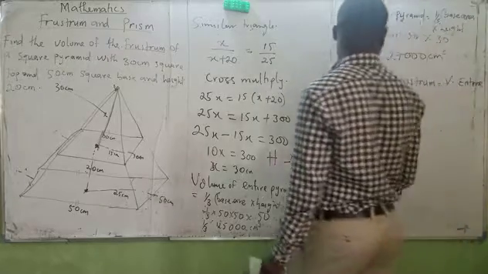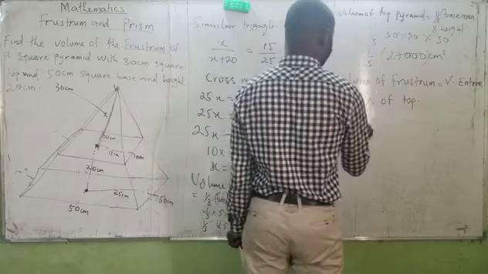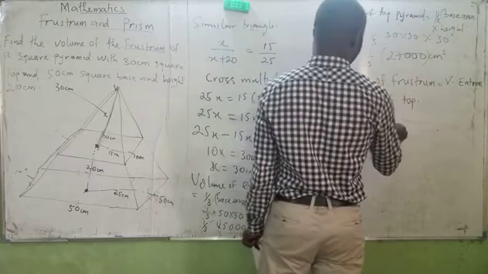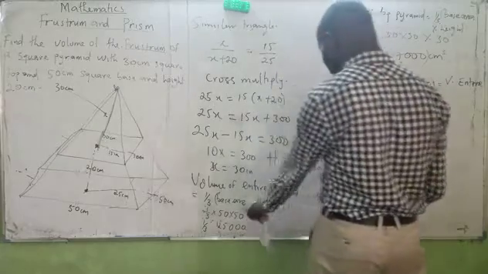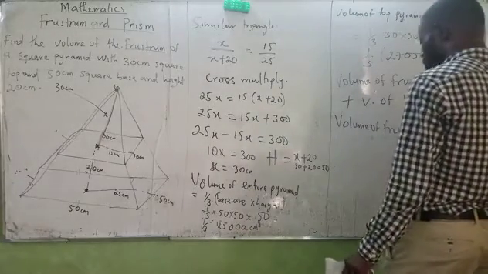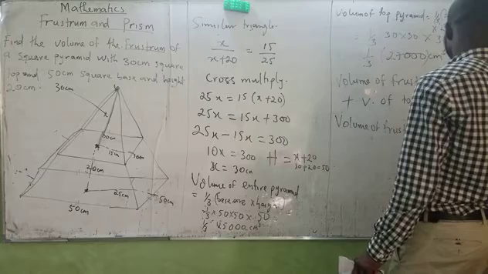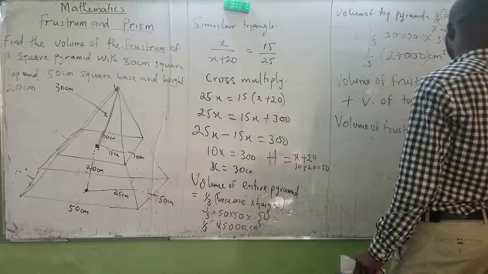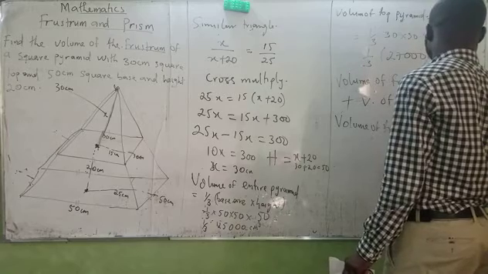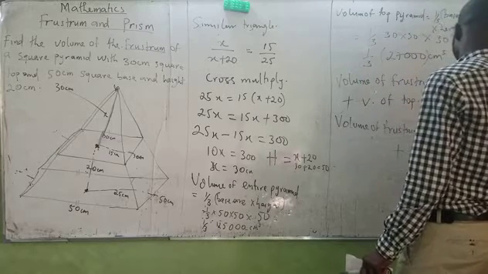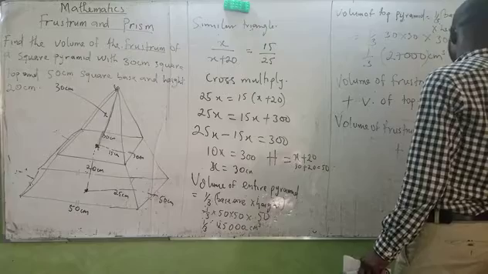Now, my volume of the frustum will be 1/3 of 125,000 plus 1/3 of 27,000. They are all in centimeter cube.